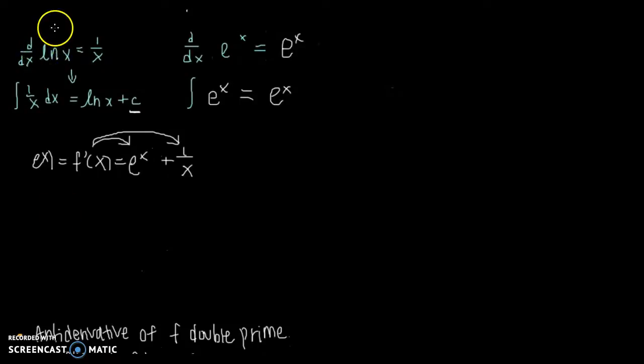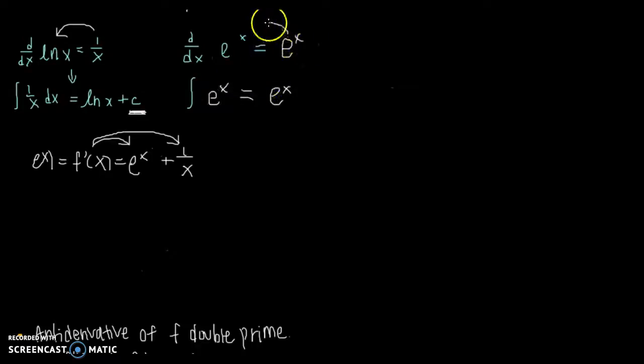The derivative of ln x is 1 over x, which we already know. So we're just going to work backwards. So the antiderivative of 1 over x equals ln x plus c. We cannot forget about c over here. And for this one also, the derivative of e to the x is the same thing, e to the x.